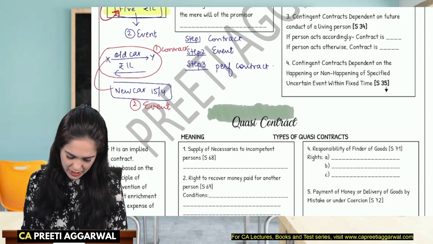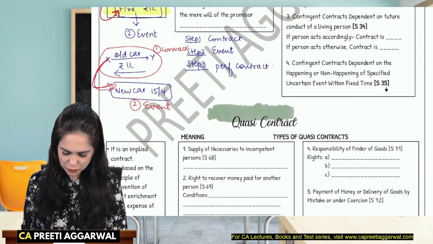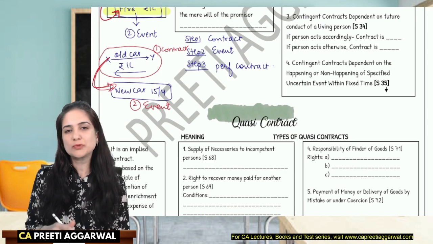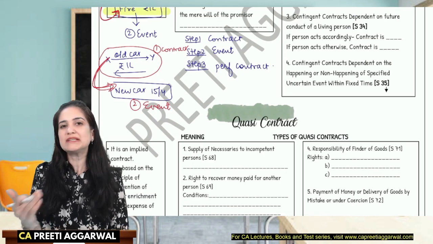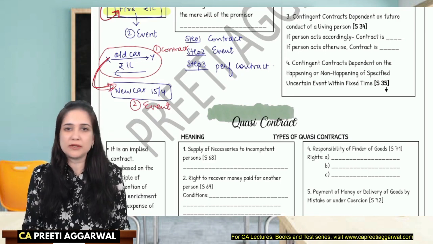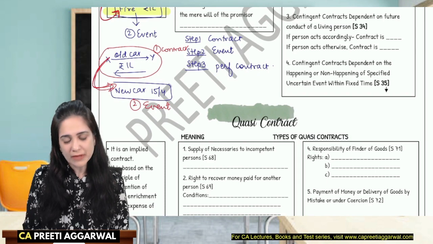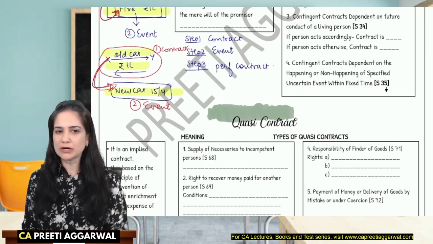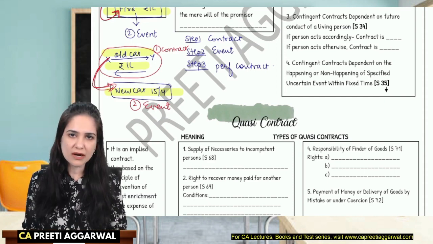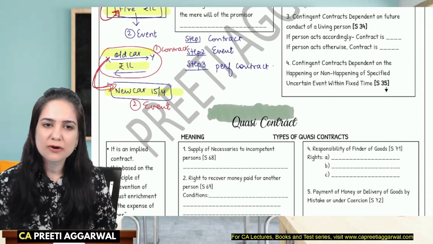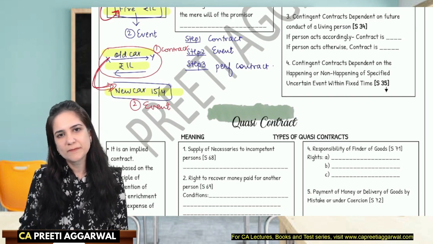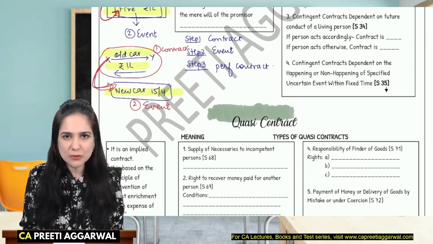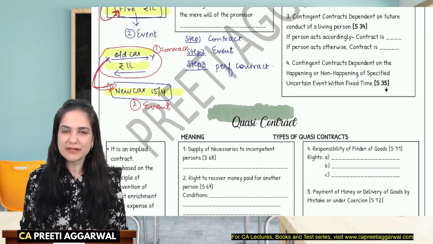Performance depends upon either happening or non-happening of a future uncertain event. It may happen, it may not happen. Now, X will sell the old car only when he is allotted a new car. Now, he may be allotted a new car, he may not be allotted a new car. If he is allotted a new car, he will sell. And if he is not allotted a new car, he won't sell the old car. So, whether he will sell the old car or not depends upon the uncertain event. This is a contingent contract.